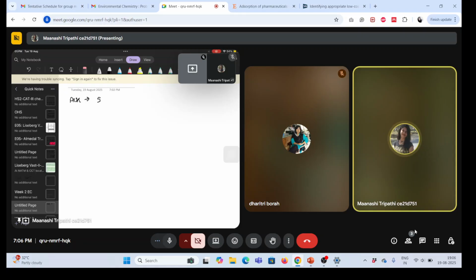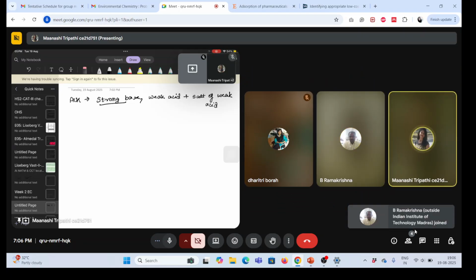First, there can be a strong base, or there can be the presence of weak acid plus salt of a weak acid. So either strong base or weak acid or salt of weak acid makes up alkalinity.